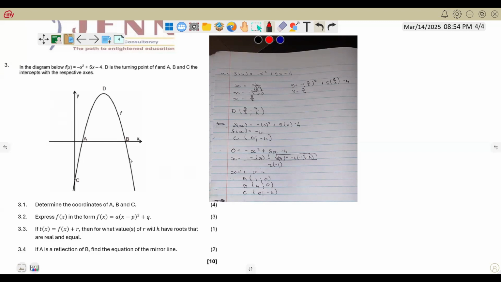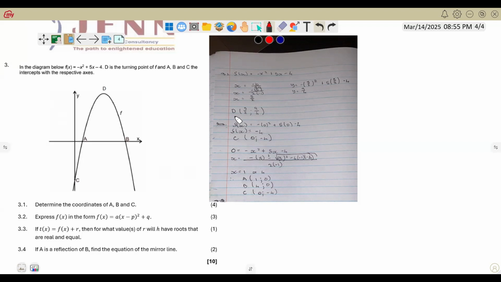So if you check, what are the points A and B? A and B are the x-intercepts. And what is point C? Point C is the y-intercept. So let's go there. So at point C, this is how you calculate.